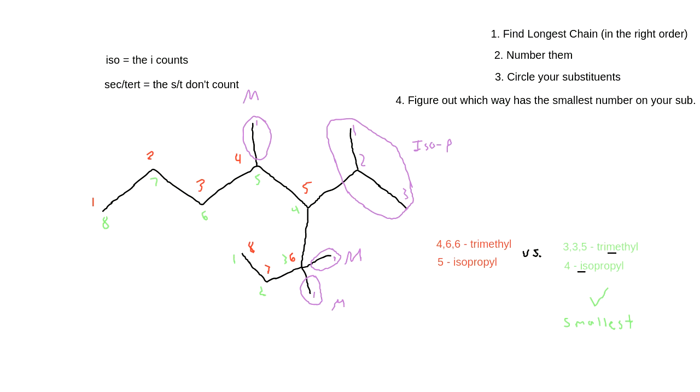So it's going to be 4 dash isopropyl dash. Between every substituent you place a dash: 3,3,5 dash trimethyl. You don't have to place a dash between the prefix and the name, like di, tri, tetra.